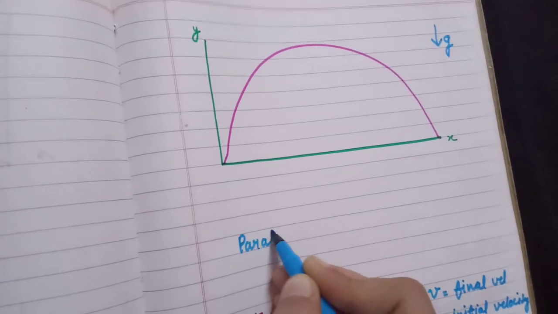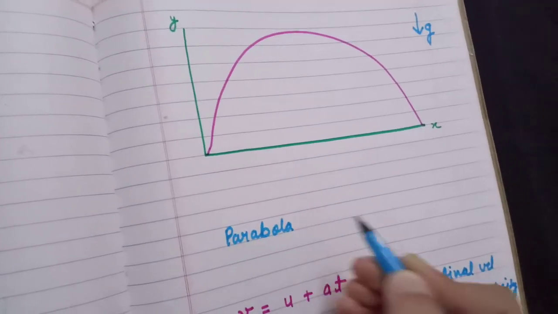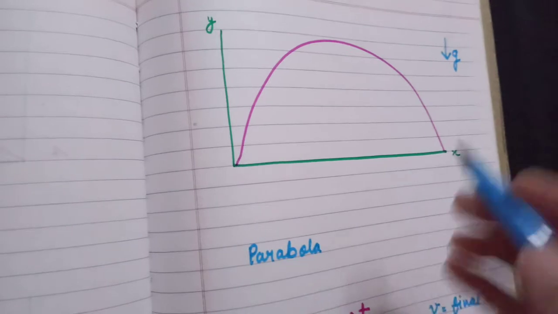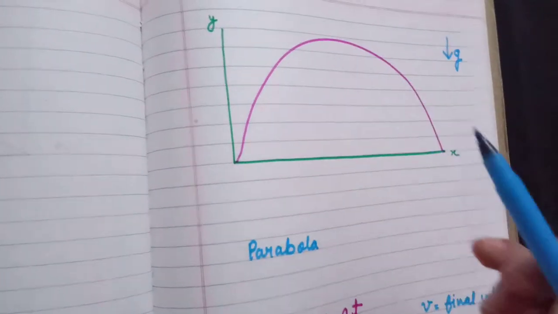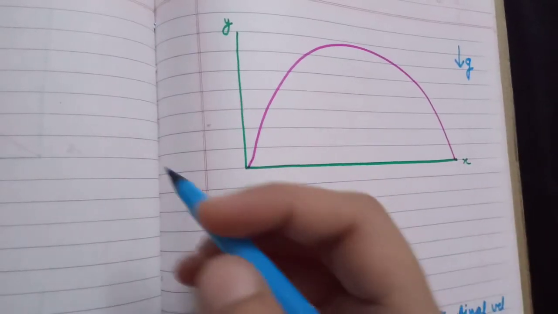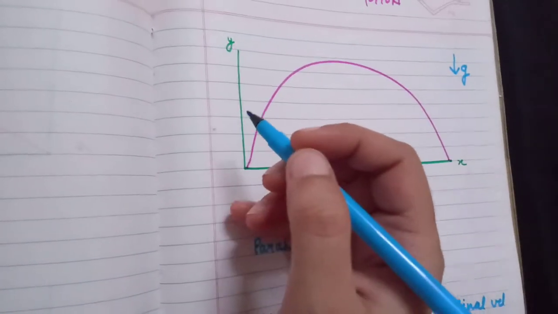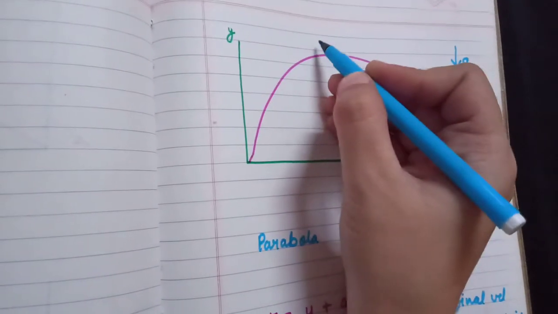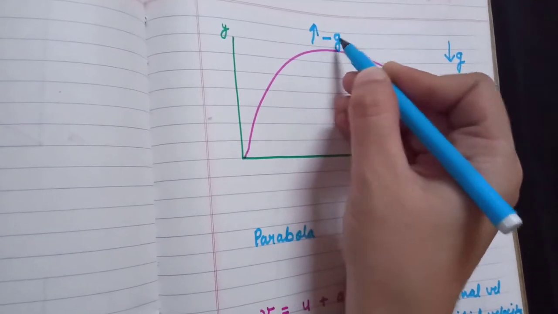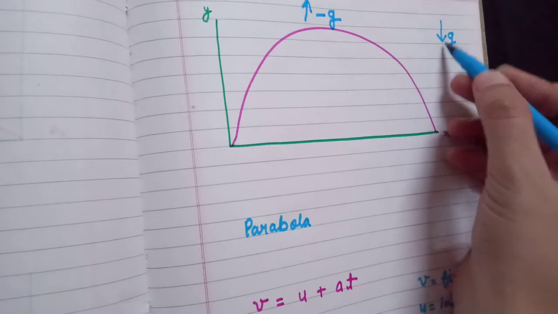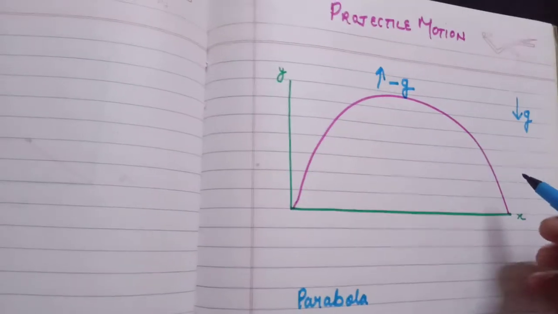Its trajectory is a parabola in the xy plane. In projectile motion, g will be considered negative in the y direction. If we talk about the y direction, g is negative because g is always on the bottom side.